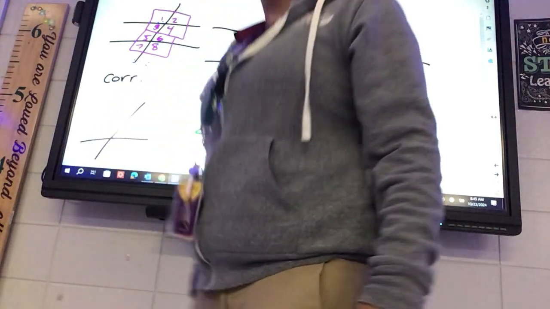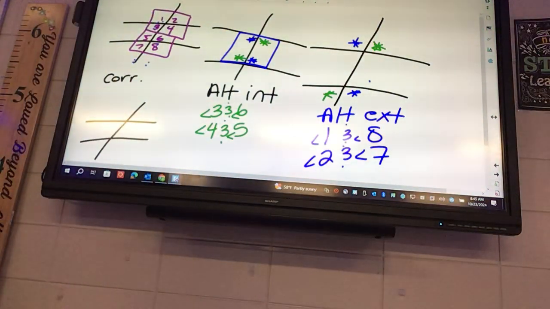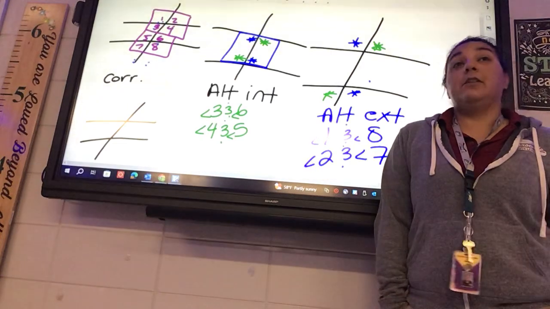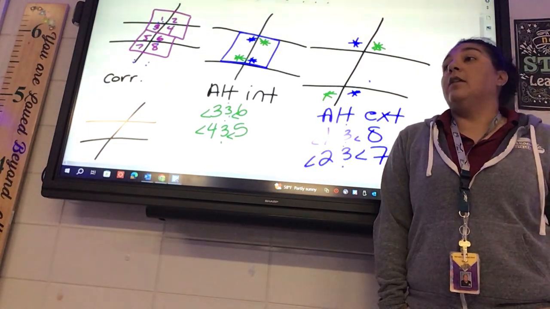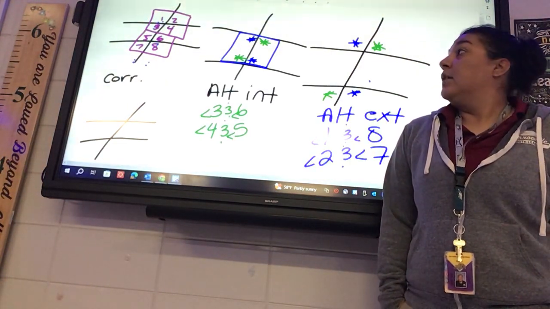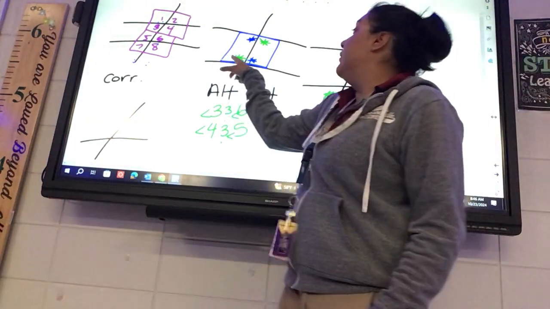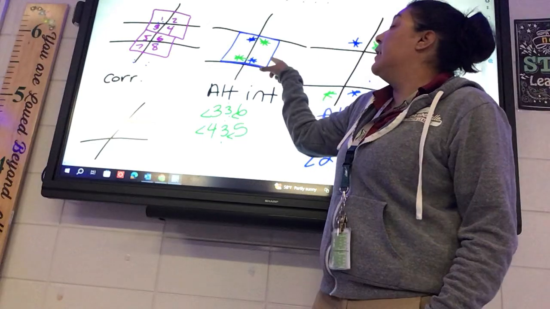Same side interior means they're on the same side, obviously, and on the inside. So what numbers are those going to be? Interior means within this block on the inside.